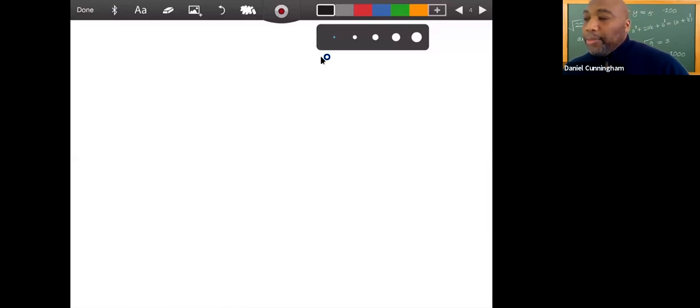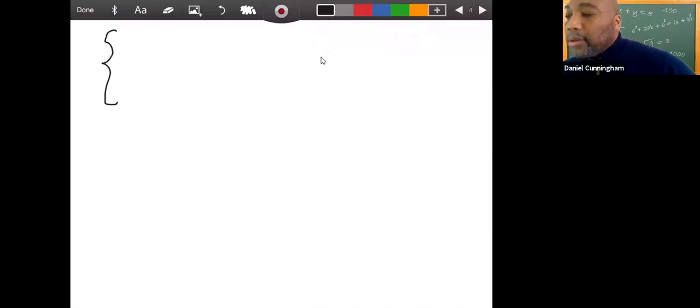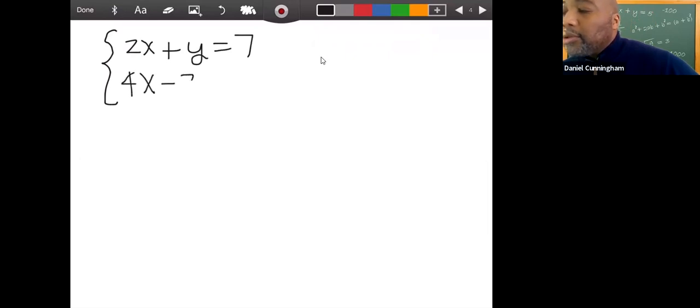Now let's look at another problem for using the substitution method. Let's say we're given 2x plus y is equal to 7, and 4x minus 2y is equal to negative 6.